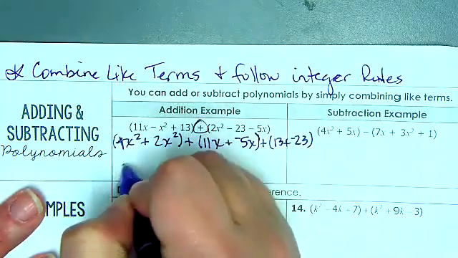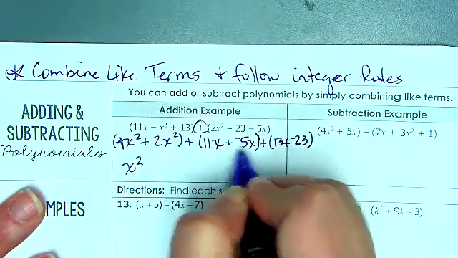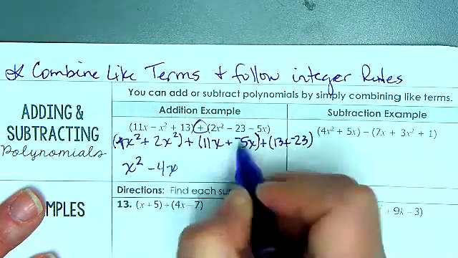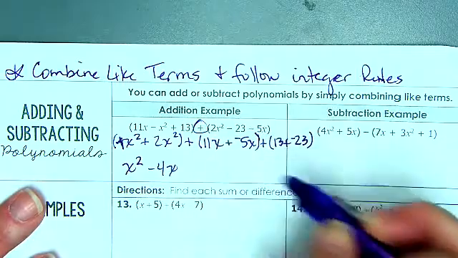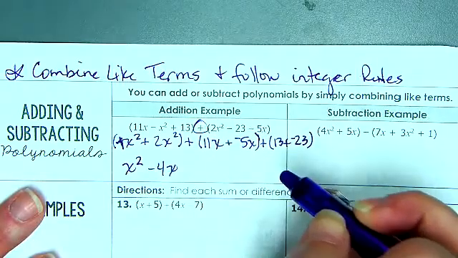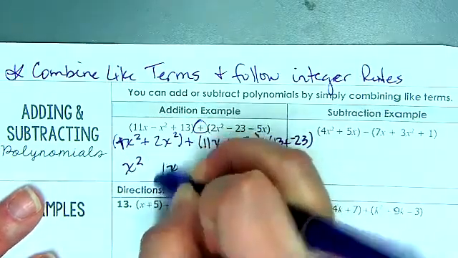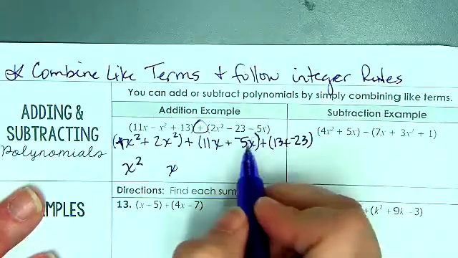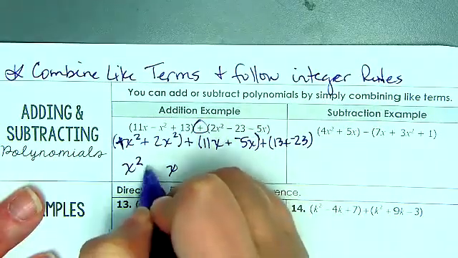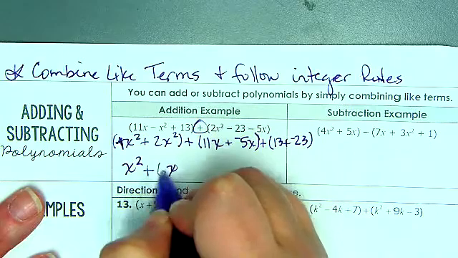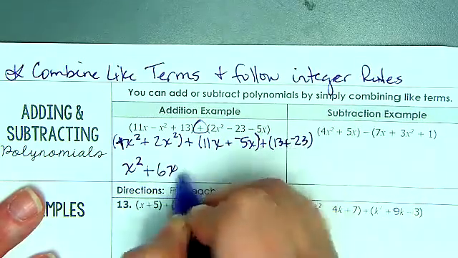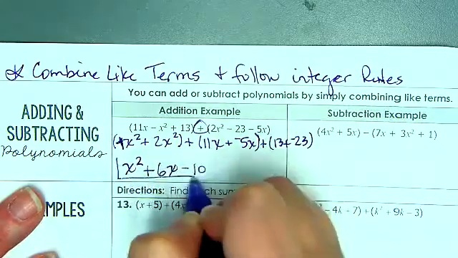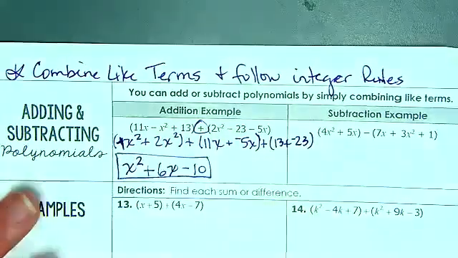So that's going to give me x squared minus 4x, because 11x plus negative 5x is not negative 4. That's going to be 6x. I was seeing that as 1, not 11. So that's going to be plus 6x, and then I have 13 plus negative 23, that's a negative 10, so that's going to be minus 10. So here is my standard form.